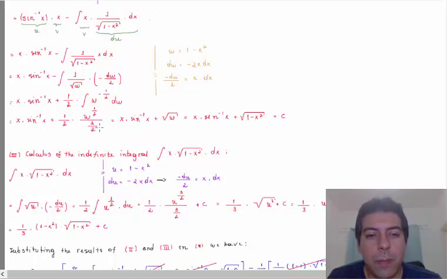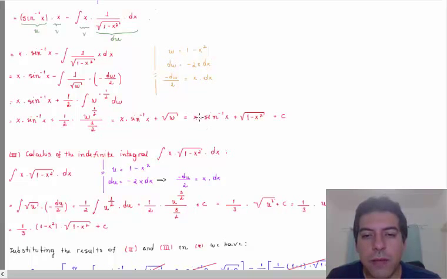If I pass this term to the front of this term of w to 1.5, I will cancel this 2 with this 2 right here. So I just have the square root of w. Once w to 1 over 2 is the same as square root of w, I will perform the substitution in the opposite direction.